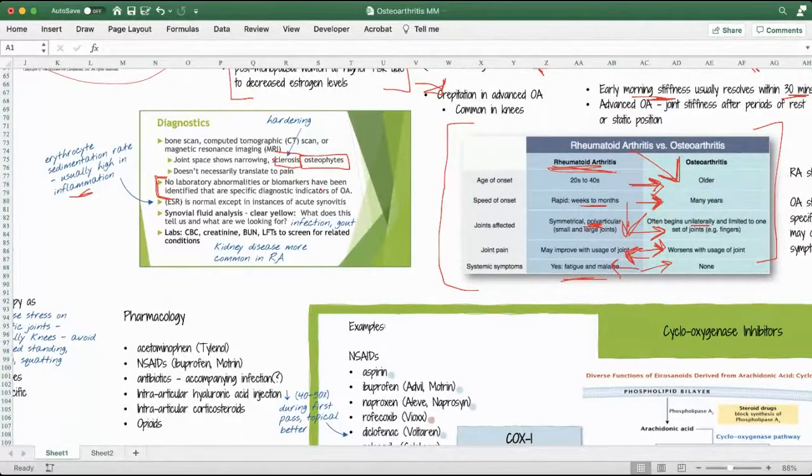ESR may go up. And if you remember, I don't know if we went over this in your inflammatory class, I'm getting my classes mixed up now, an ESR is called an erythrocyte sedimentation rate. If you break up the word, erythro is red blood and cyte is cell, and we're looking at the sedimentation rate. Basically they take your blood, put it into a test tube, and wait for those erythrocytes, the red blood cells, to settle in the bottom of the test tube.